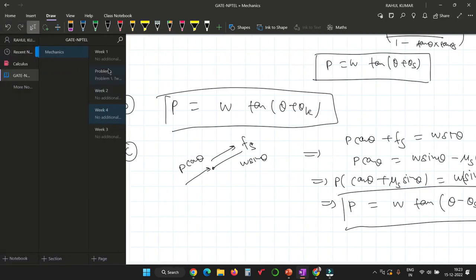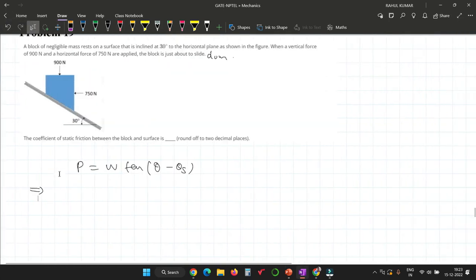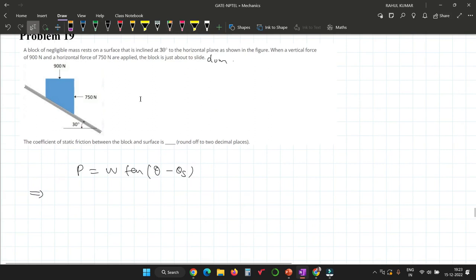So what is the answer for this? Here in the place of W, it is given 900, and in the place of P, it is given 750.